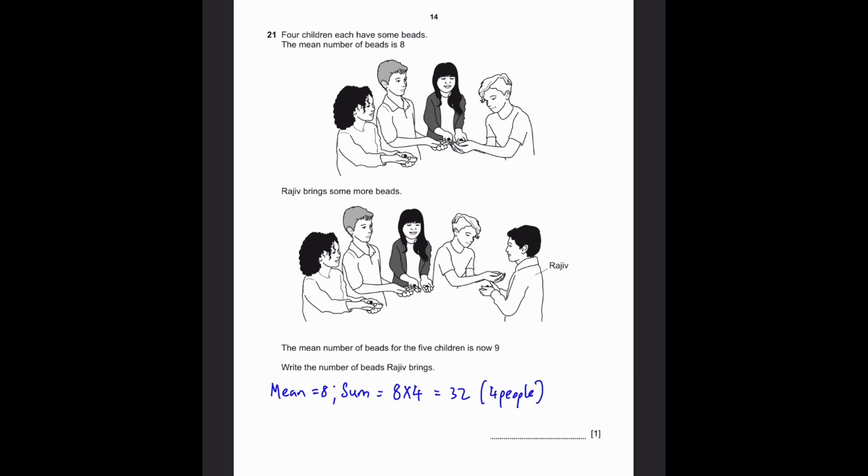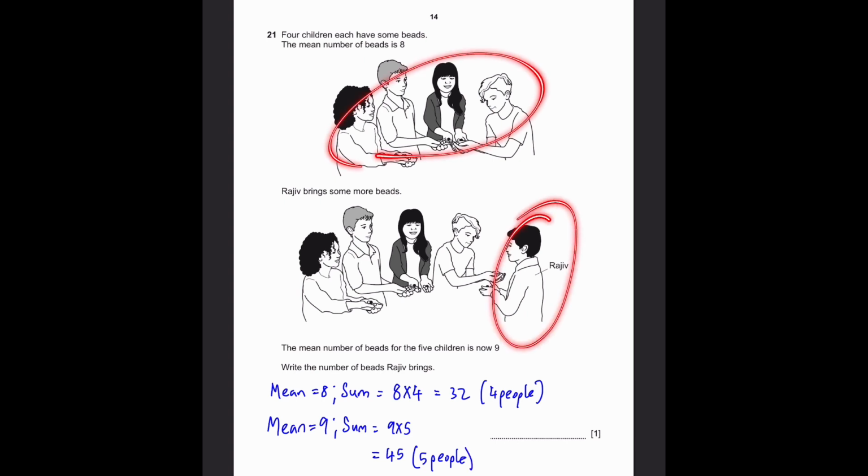That's excluding Rajiv. Rajiv comes in later. Now the mean is 9 with 5 children. So when the mean is 9, the sum will be 9 into 5, which is equal to 45 for 5 people, which is these 4 people plus Rajiv.